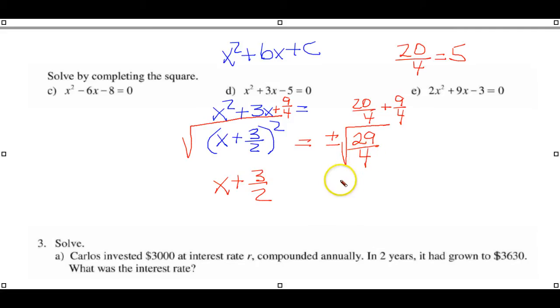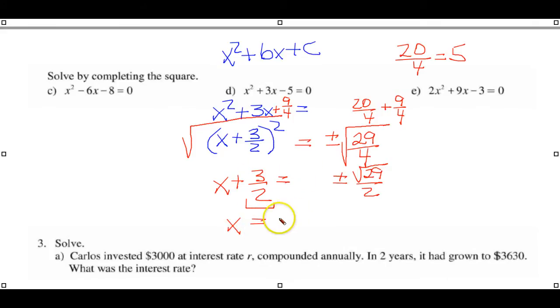That's a perfect square. So this is going to become plus or minus the square root of 29/2.